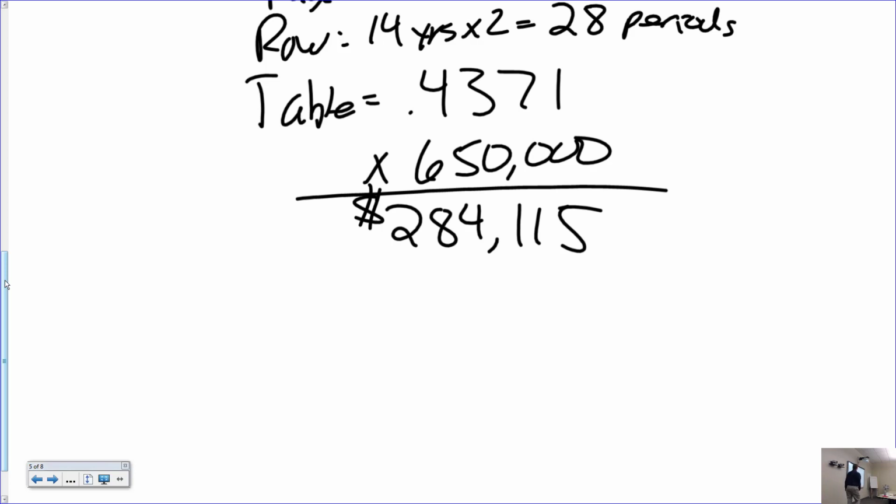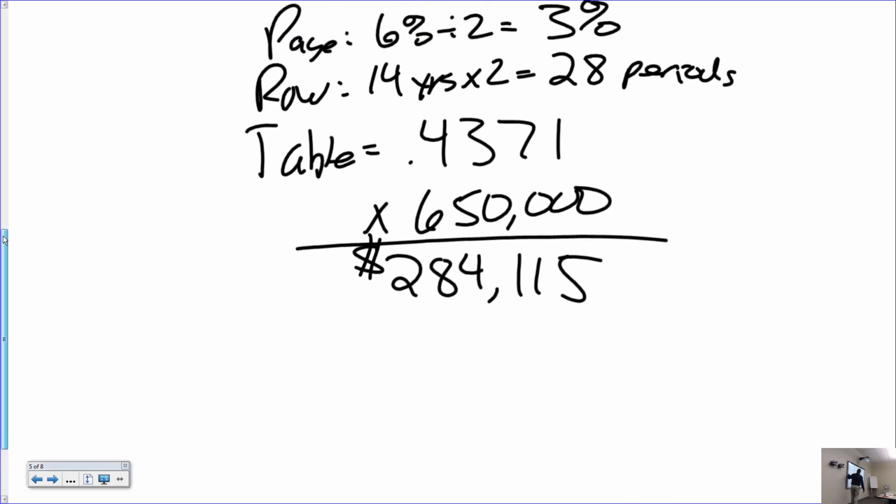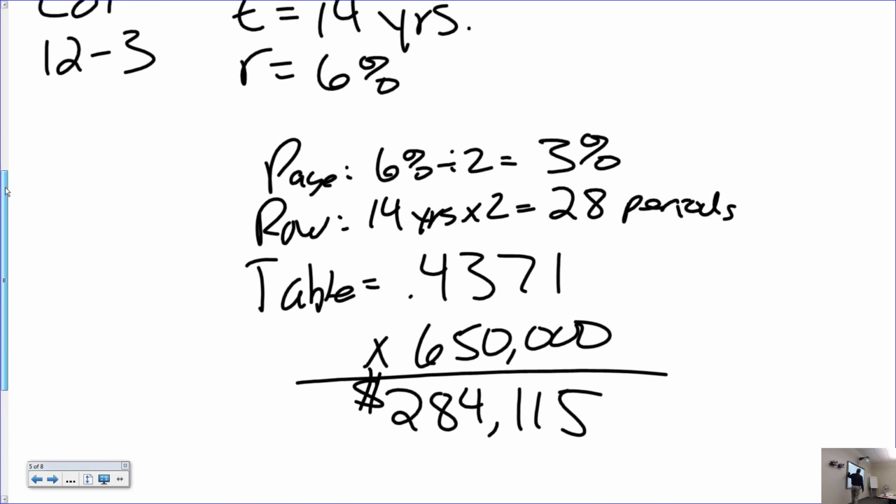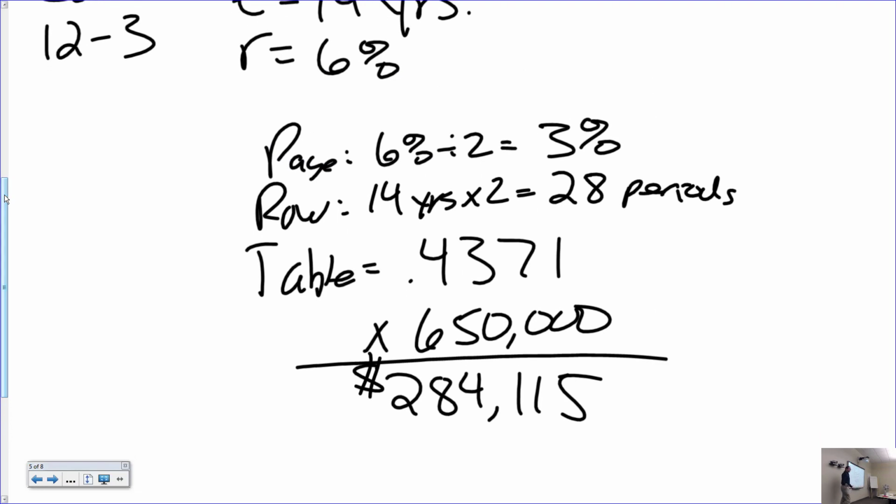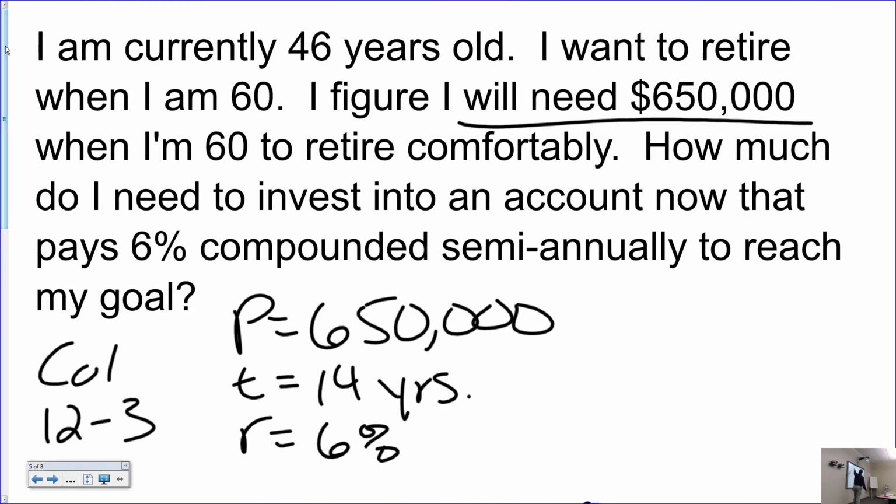And so this is the sort of thing that you want to do, folks, when you're starting to invest and you start building up money. You start saying, hey, when have I built up enough? If I've got this much money in my account when I'm 46 years old, in theory, if all I need is $650,000 at age 60, I don't need to add anything more to it, right?